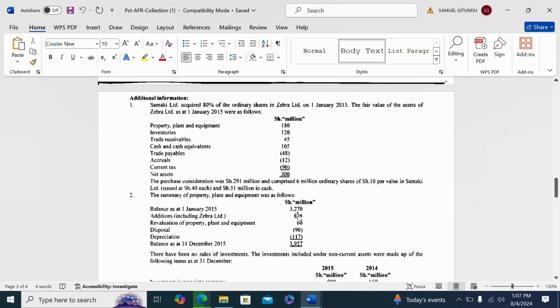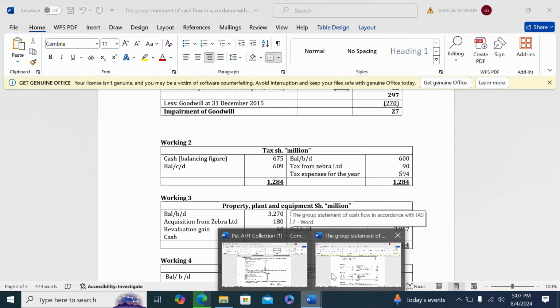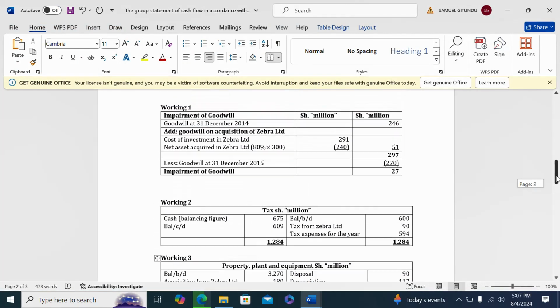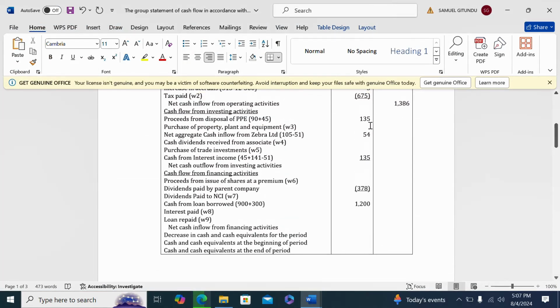Then from 834, you could deduct the property, plant, and equipment from the subsidiary, which is 180. We are also getting 654. But I needed to do that working because of future questions. So we are getting 654. That is the cash used to purchase property, plant, and equipment, $654.